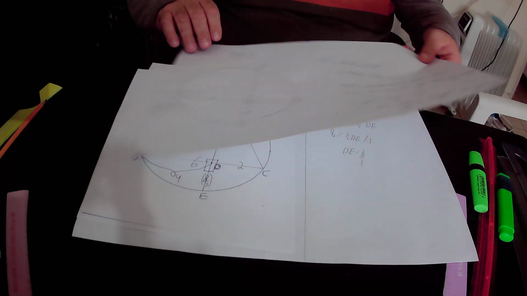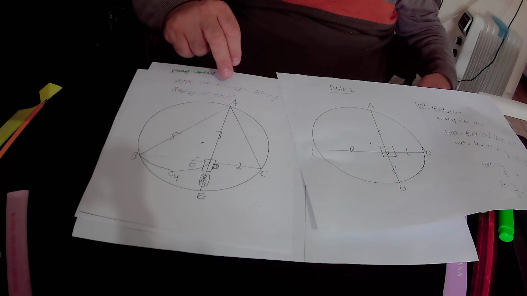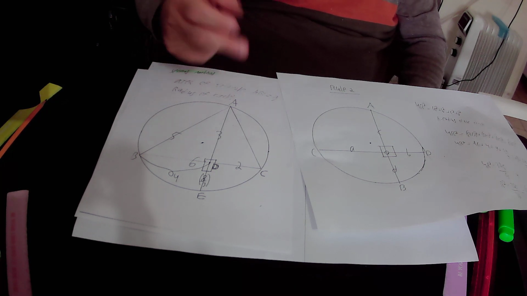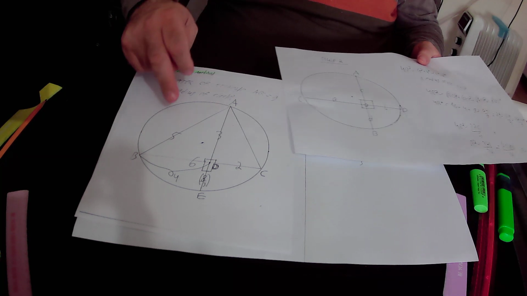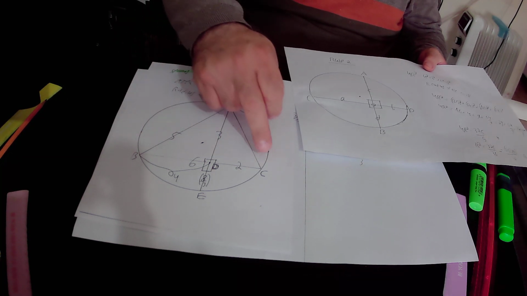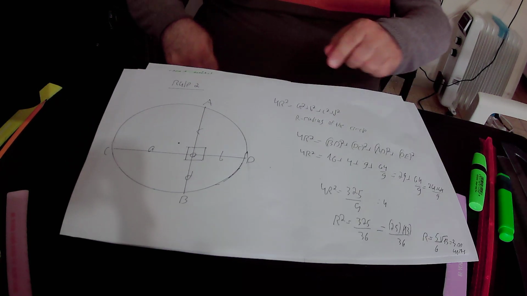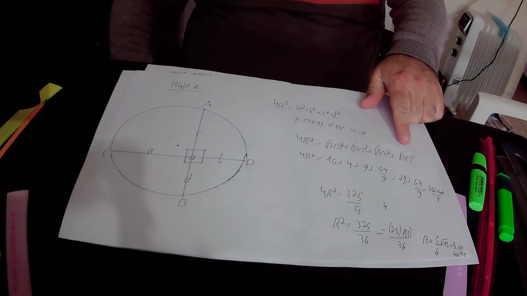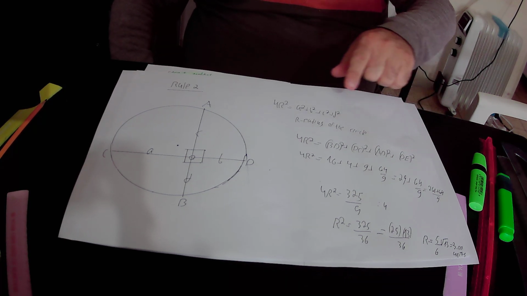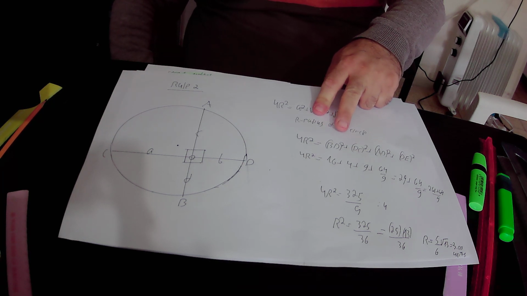So we implemented rule number 2 in our drawing. According to rule number 2, we get that 4 times r squared, where r is the radius of this circle that we are looking for, will be equal to BD squared plus DC squared plus AD squared plus DE squared. So 4 times r squared equals: BD is 4, so BD squared is 16.